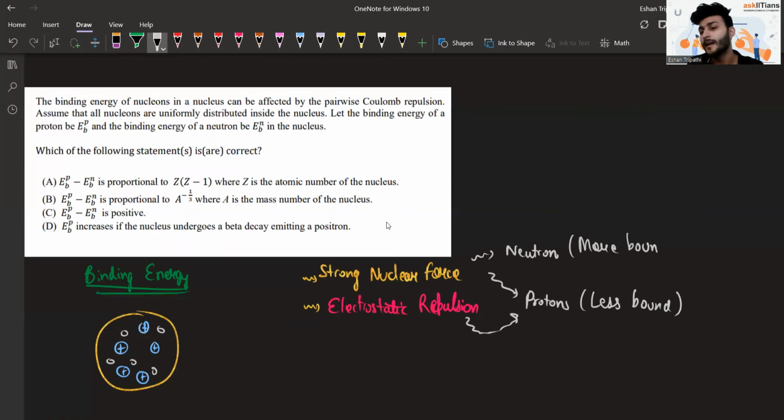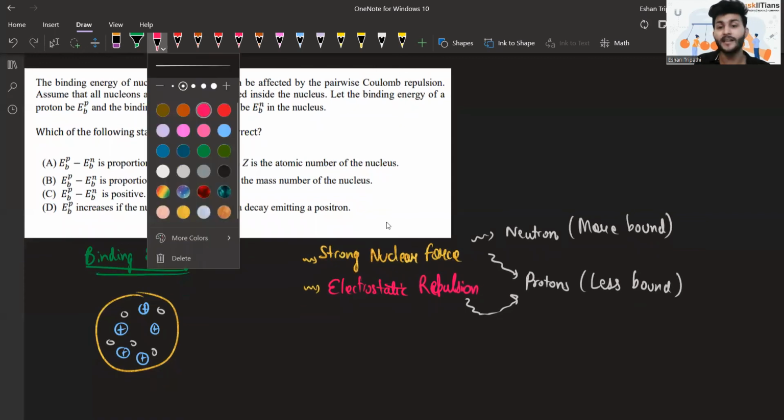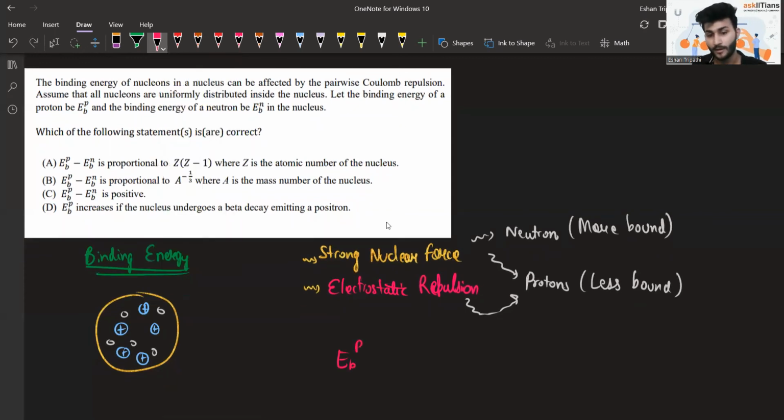Earlier they were the same, but now because of repulsion, protons are less bound. So we can say that the binding energy of a proton is going to be less than the binding energy of a neutron. So the binding energy of proton minus the binding energy of neutron should be a negative number. So this C is actually wrong.